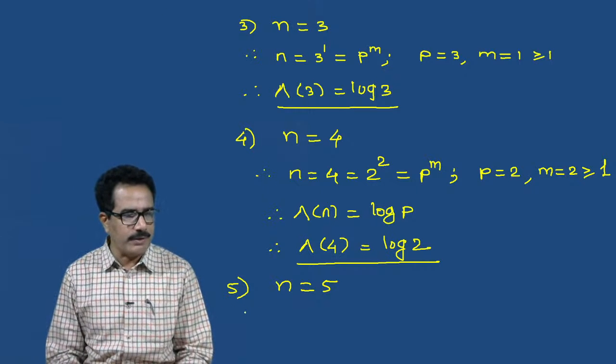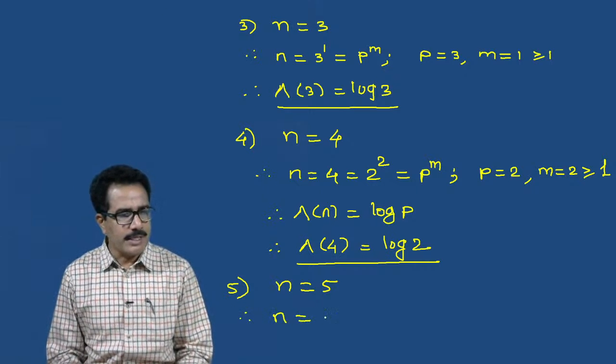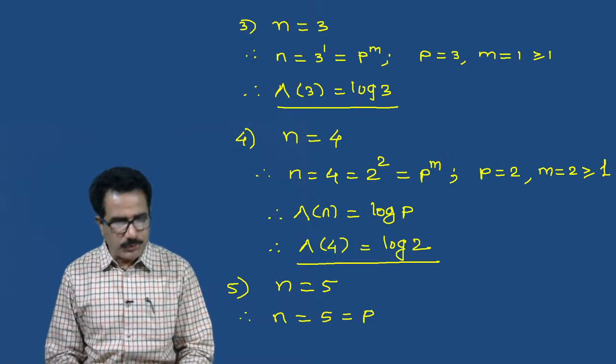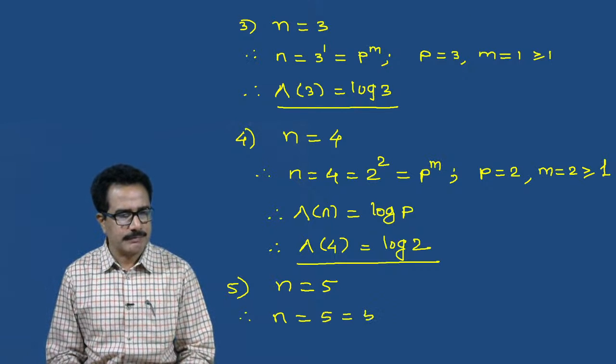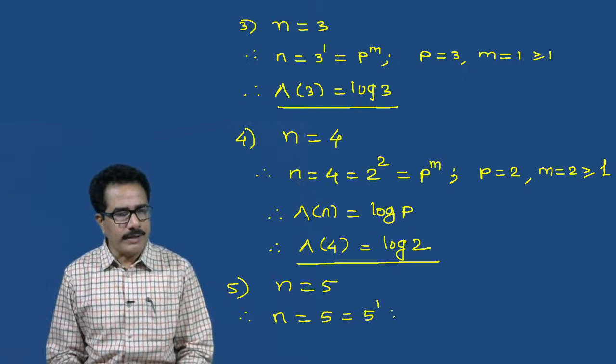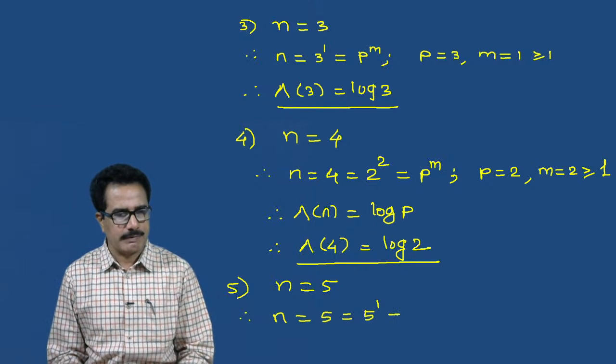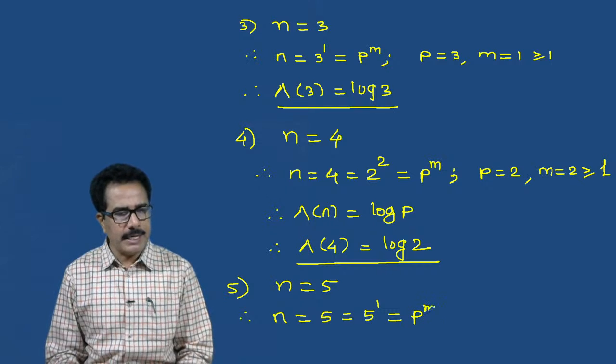n is equals to 5. Therefore n is equals to 5 which is equals to 5 raised to 1 which is equals to p raised to m.